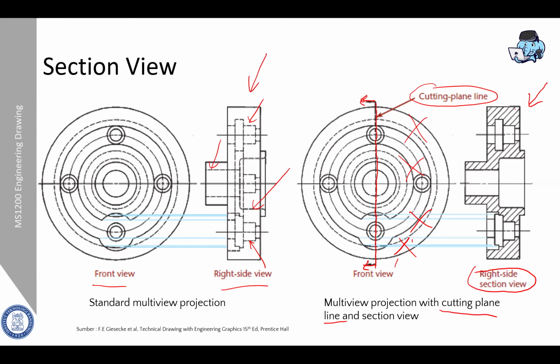The cut section of the solid part is drawn using what we call section lines, or arsir.